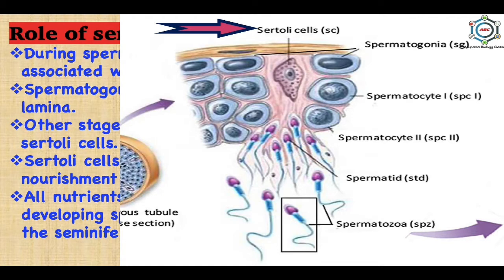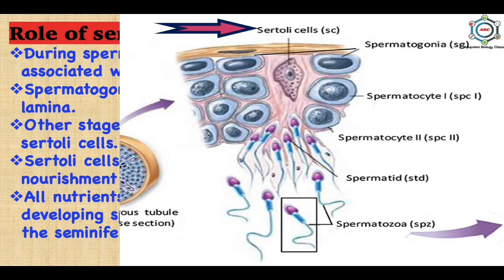At all stages of differentiation, the spermatogenic cells are in close contact with the Sertoli cells, which are thought to provide structural and metabolic support to the developing sperm cells. These cells are characterized by a vesicular, oval, basally positioned nucleus, which contains a prominent nucleolus.